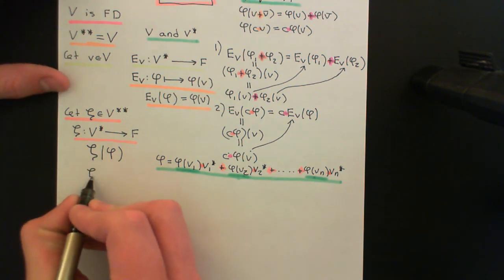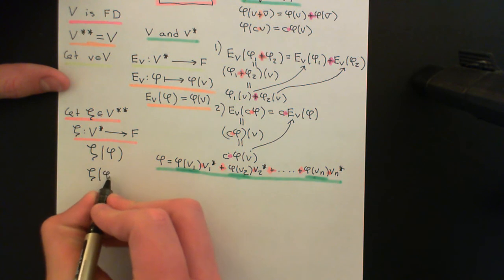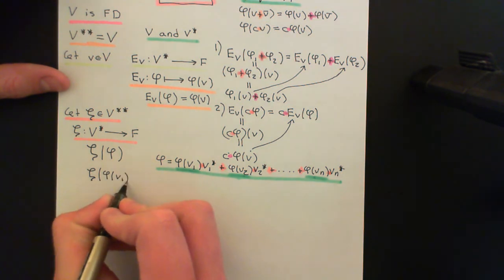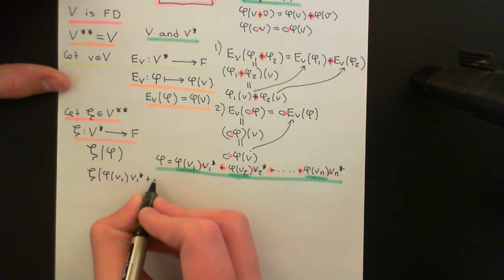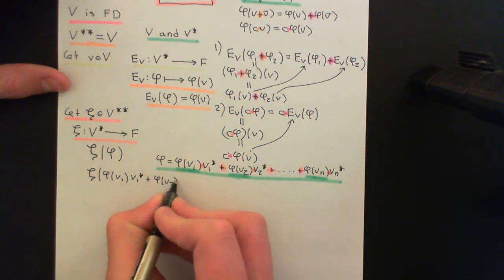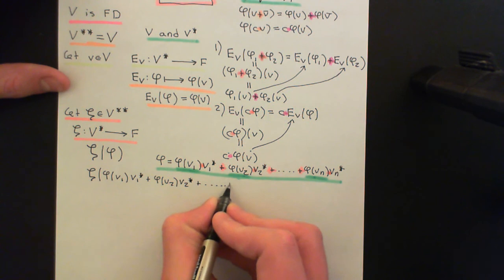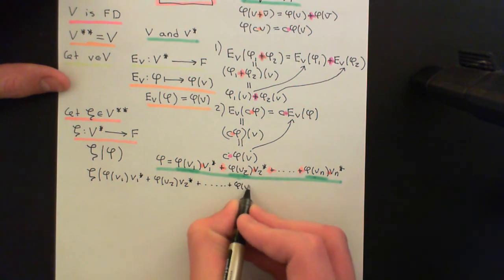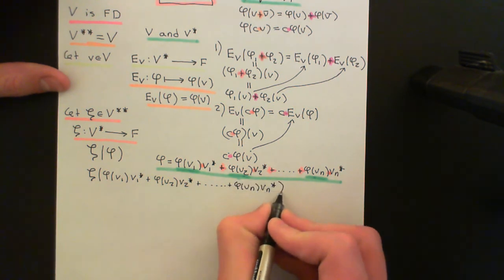So I'll now get that zeta of phi is equal to zeta of all of this. So we'll get phi of v1 times v1 star plus phi of v2 times v2 star, all the way along to phi of vn times vn star.